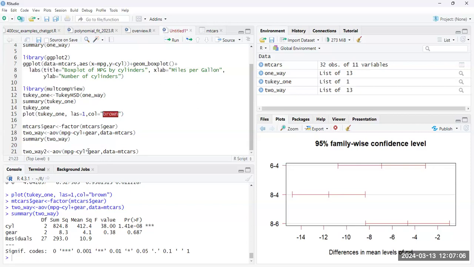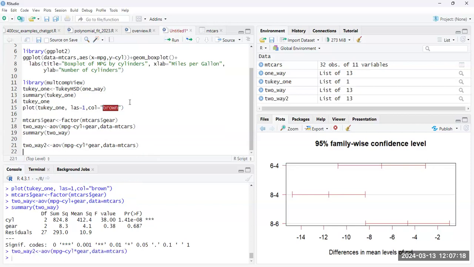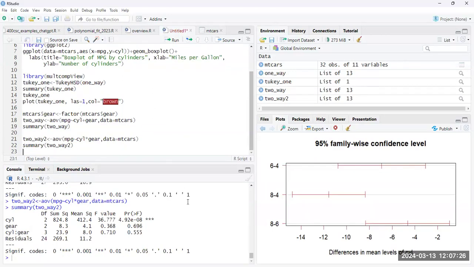That will indicate that we want to test not only the cylinders and the gears, but also the interaction between the cylinders and the gears. And then we can look at the summary to see what the results are. And since the gears were not statistically significant, the interaction between the gears is also not statistically significant, and that should not particularly surprise us.